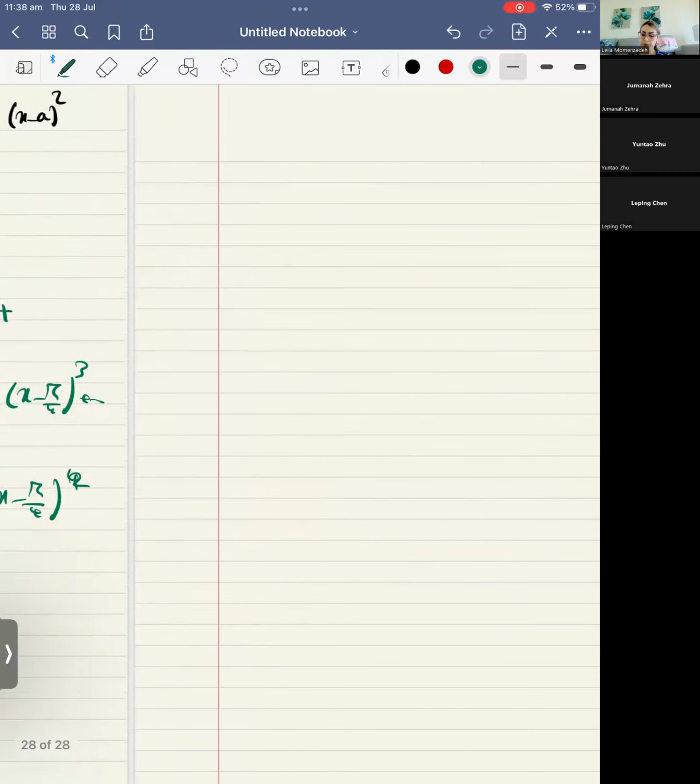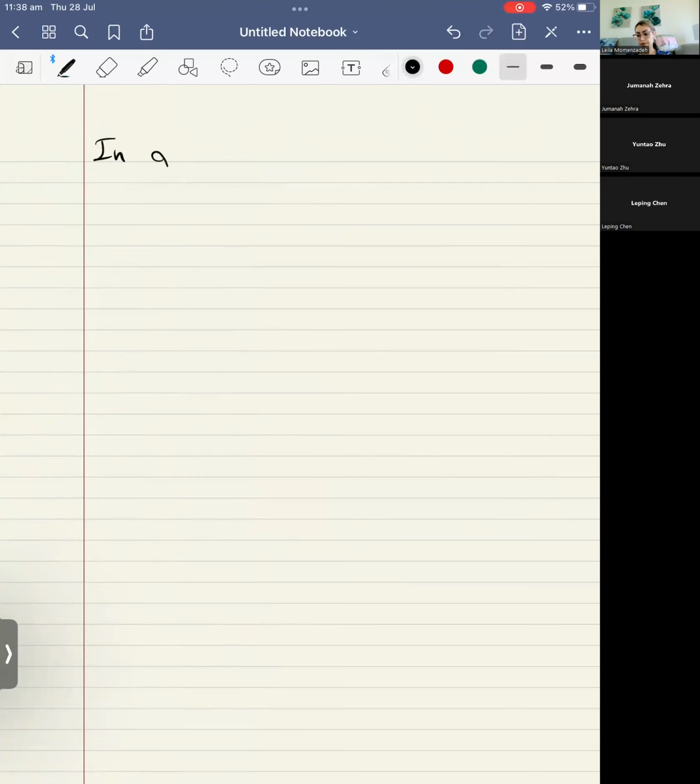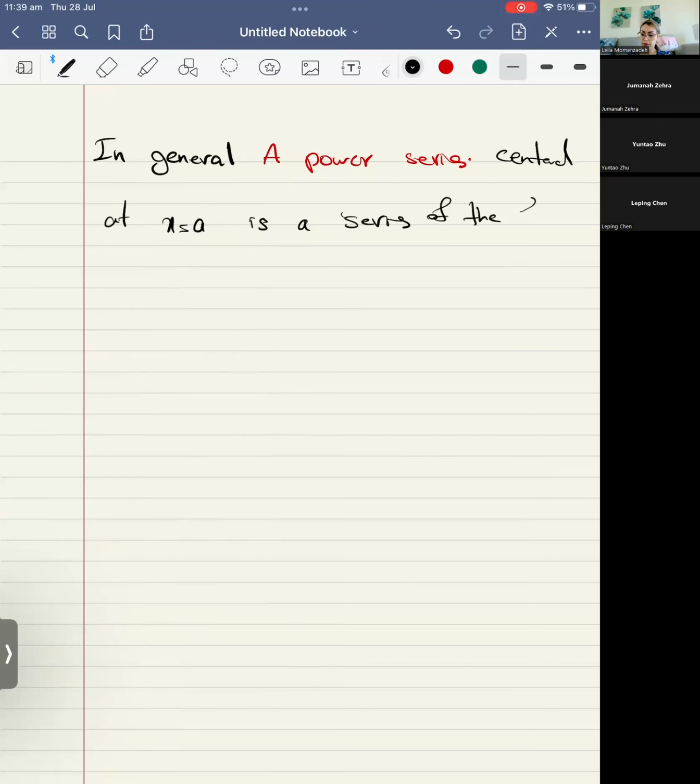In general, a power series centered at x equal a is a series of the form S equal to the summation from k equals 0 to infinity of ck (x minus a)^k.